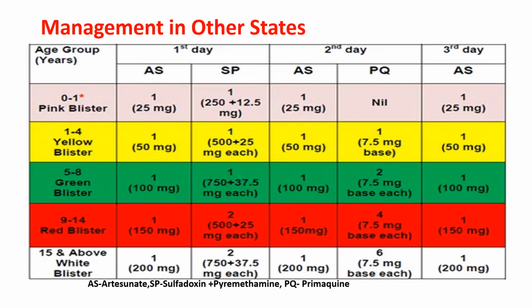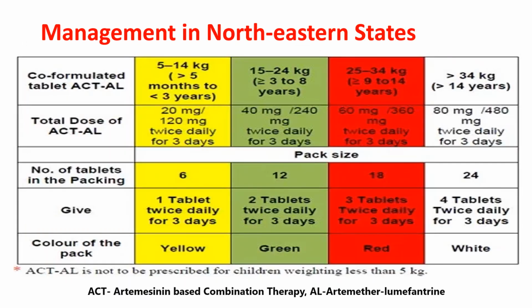In the other state regimes, what we follow is the ASSP regime, that is the artesunate sulfadoxine pyrimethamine regime. And each age group has a specific blister pack. In the 0 to 1 year age group, we have the pink blister. For 1 to 4 we have the yellow blister, 5 to 8 we have the green blister packs, 9 to 14 the red blister, and for 15 and all adults they have the white blister packs.